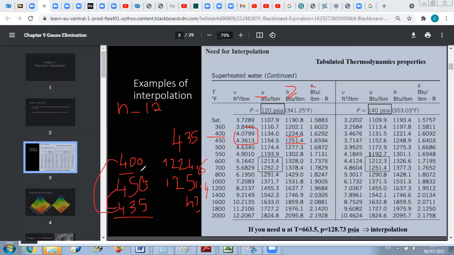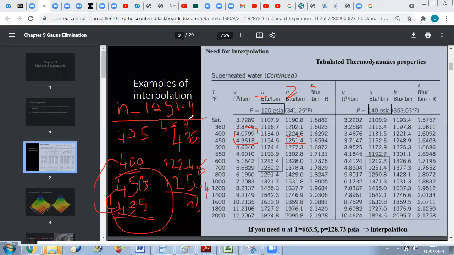If I select these 2 points, the slope will be equal to H minus 1251.4 over 435 minus 450, since I considered the second point here. So H minus 1251.4 over 435 minus 450 equals the slope given by these 2 points.